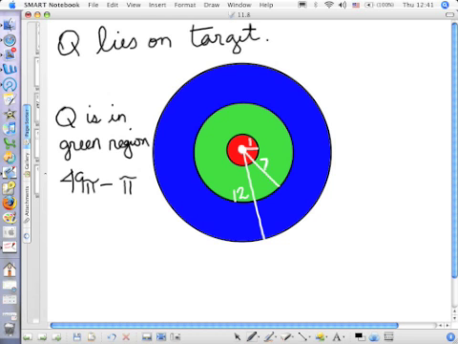And that gives me just the green section. And then that's divided by the area of the whole target, which is 12 squared times pi.